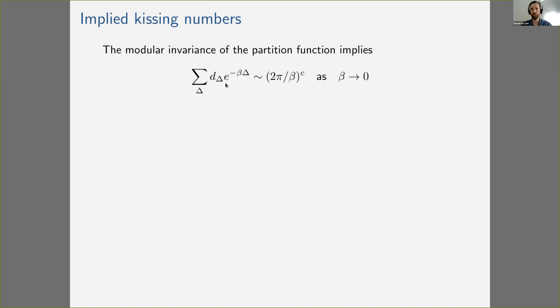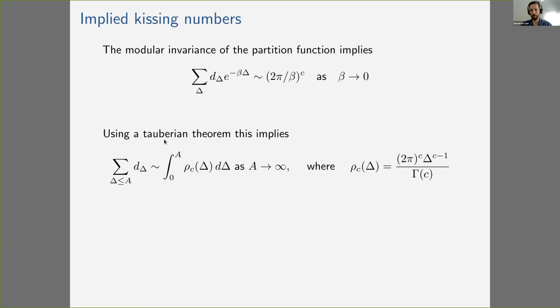If we sum these degeneracies with this factor here, then this is roughly 2 pi over beta to the power c. And then using a Tauberian theorem that physicists use a lot in their research, we can say something about the partial sums of this if you remove this factor. This is called an Abelian summation with this factor in there.